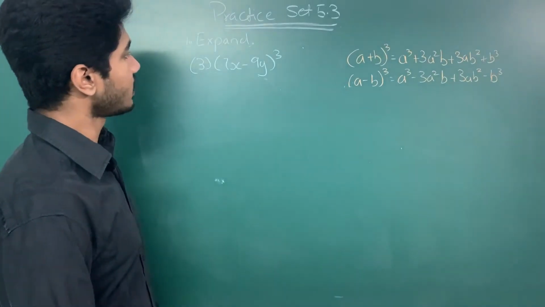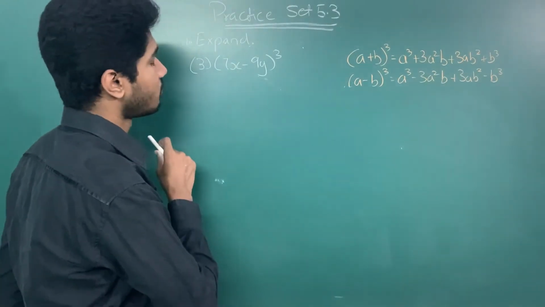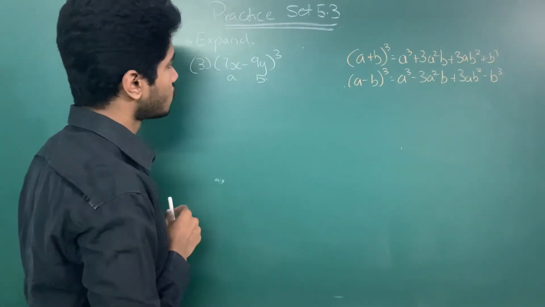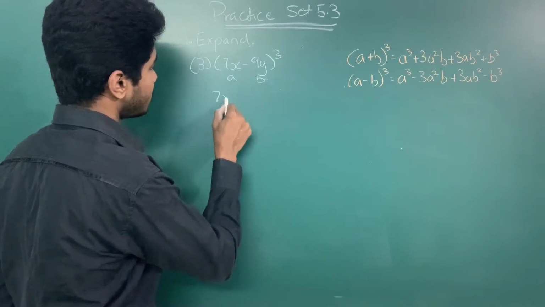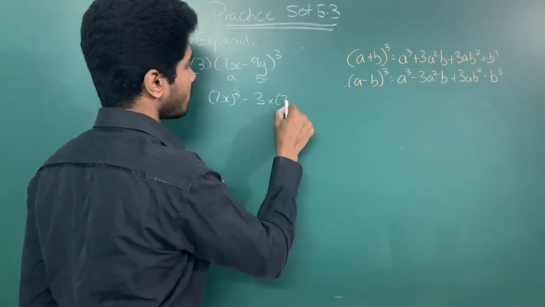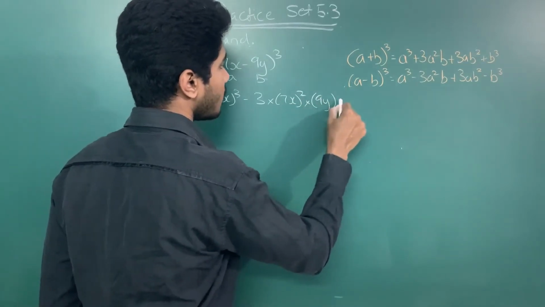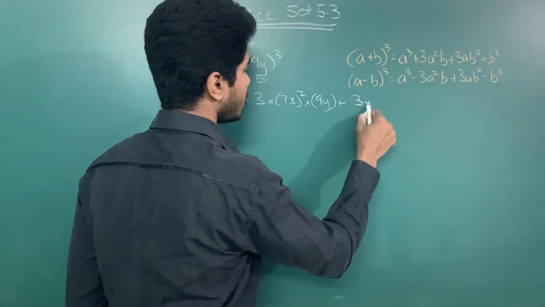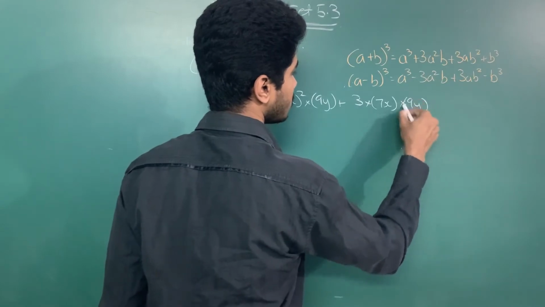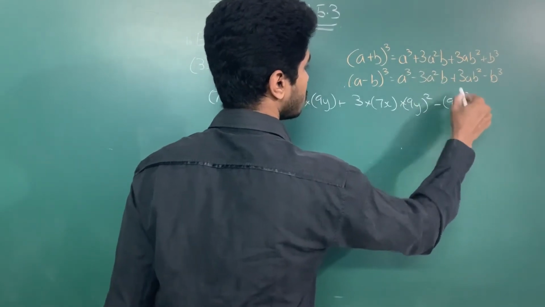Third question, (7x minus 9y) the whole cube. Let's apply the second formula. So 7x यहाँ पे a हो जाता है, 9y will be b. So we'll apply: it will be (7x) the whole cube minus 3 into (7x) the whole square into 9y, plus 3 into 7x into (9y) the whole square, minus (9y) the whole cube.